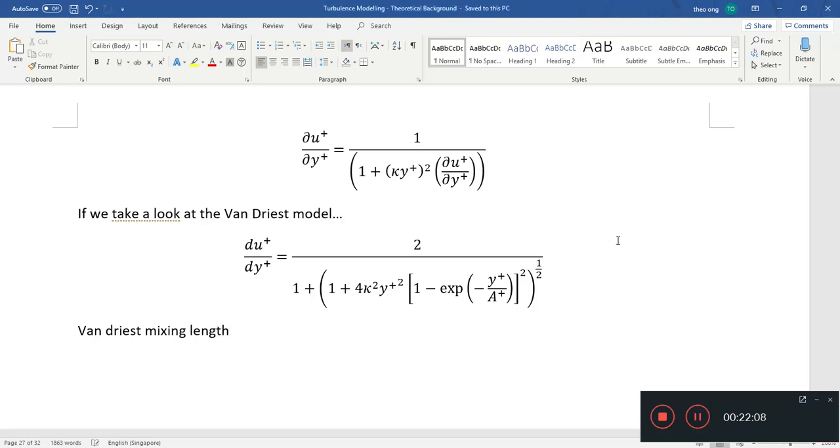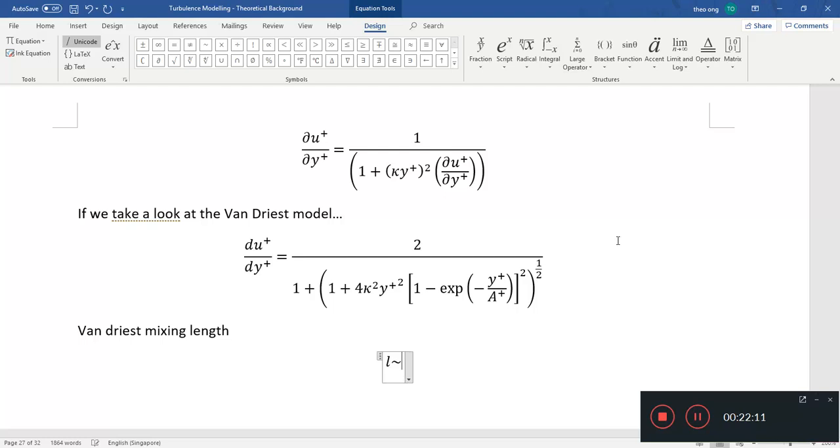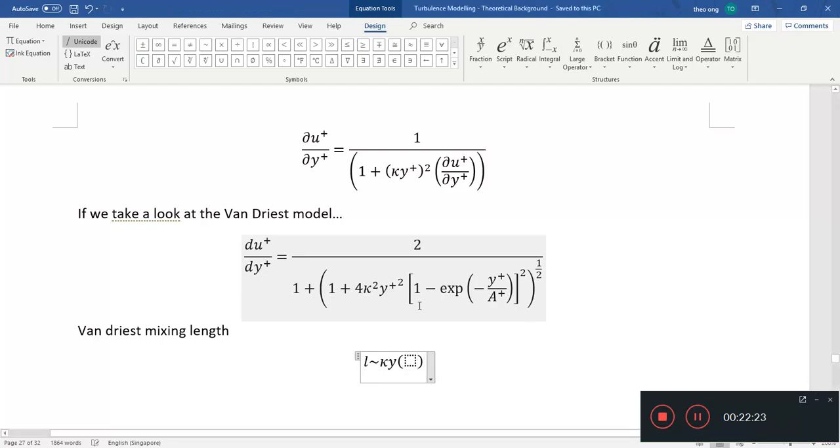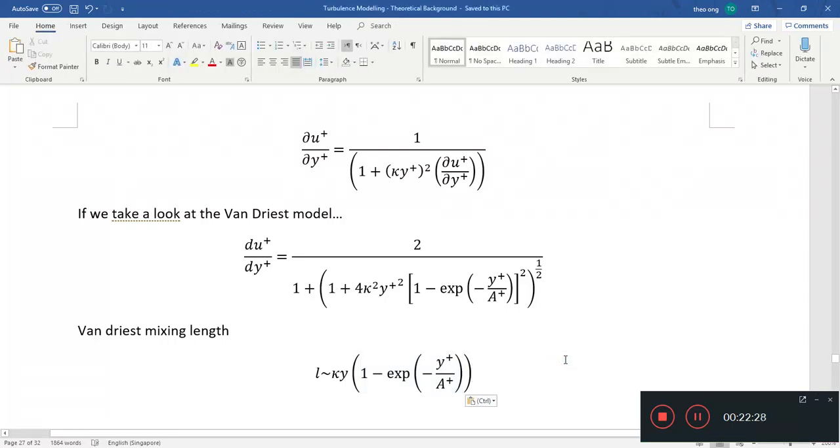So the mixing length L is approximately kappa y multiplied by this exponential function. It must be some exponential function in order to represent that I'm hitting a soft wall. I'm going to bang into something, but that something is not exactly the hard wall, but the viscous sublayer, where there are slow moving fluid particles that pretty much act like a wall.